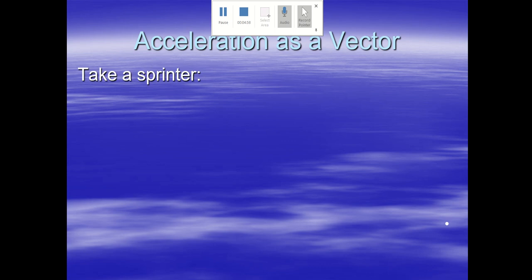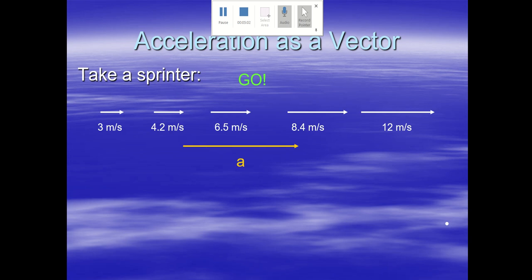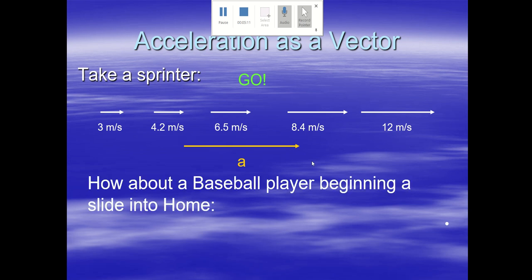Acceleration is a vector. So we've got this sprinter here. Oh, there we go. So they're speeding up. So they went from the 3 to the 12. So they went somewhere in between. They were going 4.2, 6.5, 8.4. So here we go. What about a baseball player sliding into home? What would their acceleration look like? It will be a little bit different. They're slowing down.